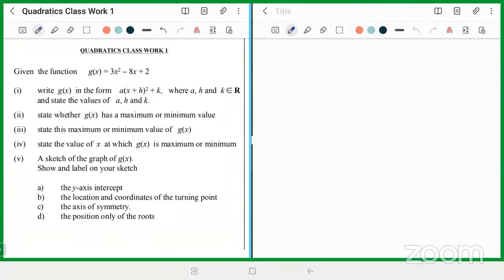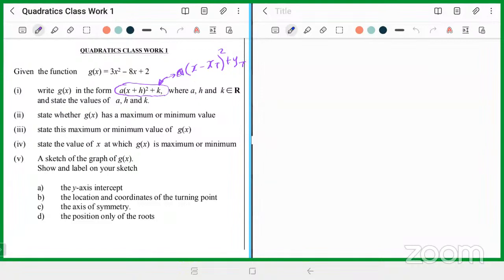So instead of using this form, we are going to use a into x minus xt squared plus yt, where t means turning point. So xt is the x value at the turning point, yt is the y value at the turning point. It's really the same format, just another way of writing it. So let's go.